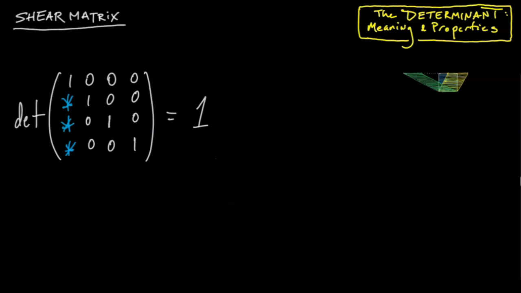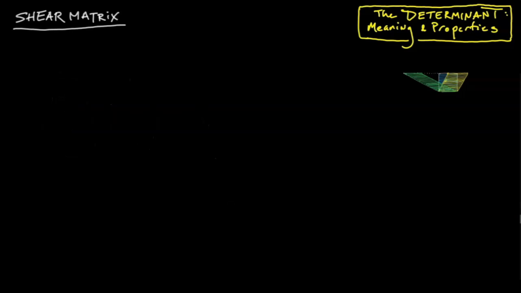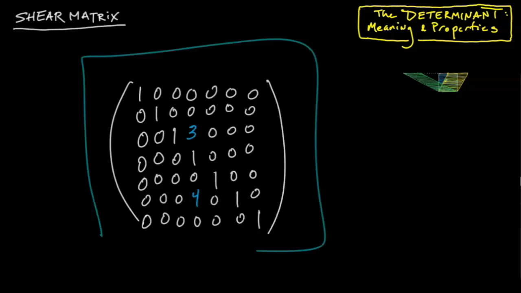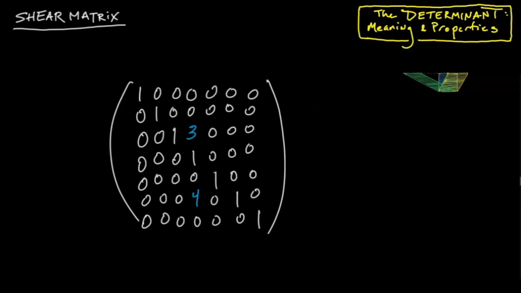Shears preserve volume. And this same thing happens in R5, R6, R7, R19, whatever you like. If we have a matrix like this one, we can recognize from the shape of the matrix, oh, hey, look, this is the identity matrix, except that in one column, somebody's tampered with it and changed some of the zeros to other things. That means this must be a shear in R7, and consequently, its determinant must be 1.